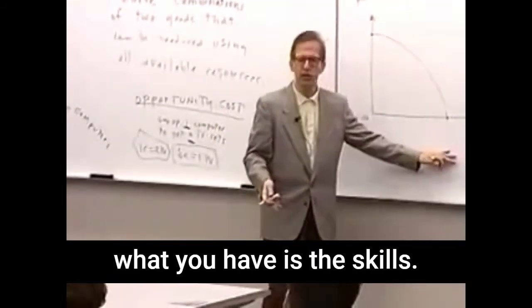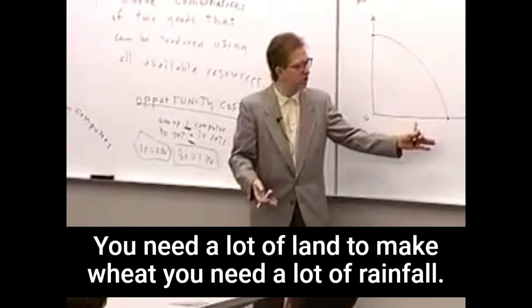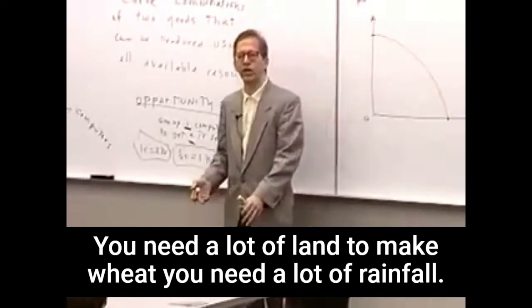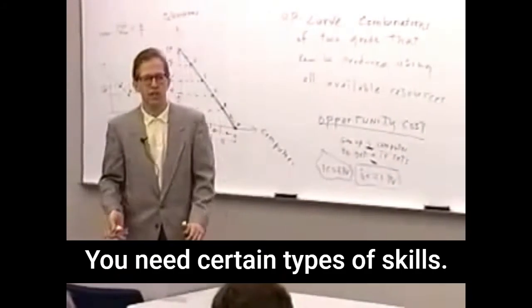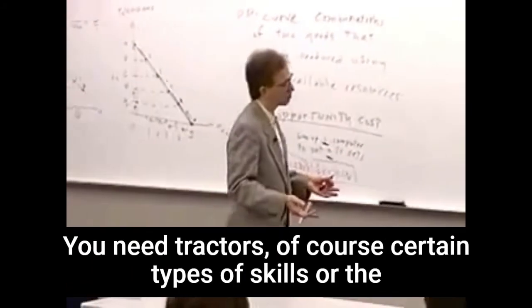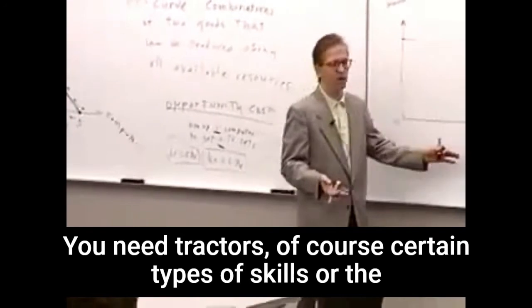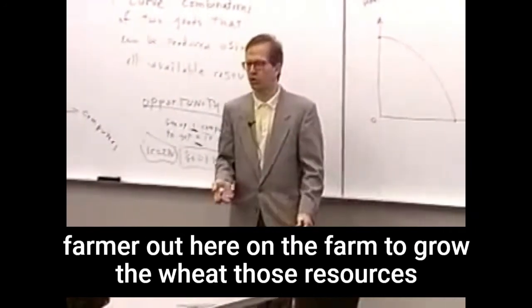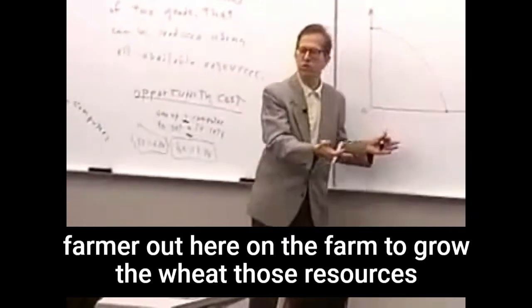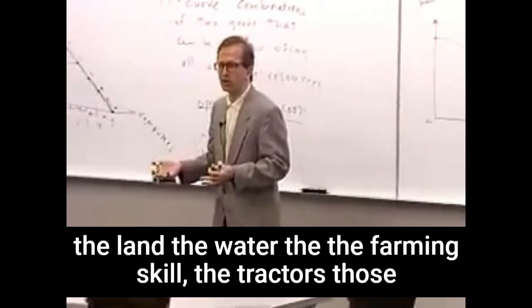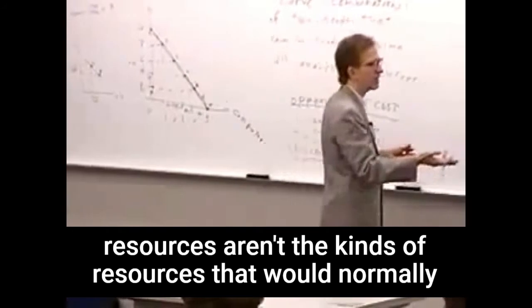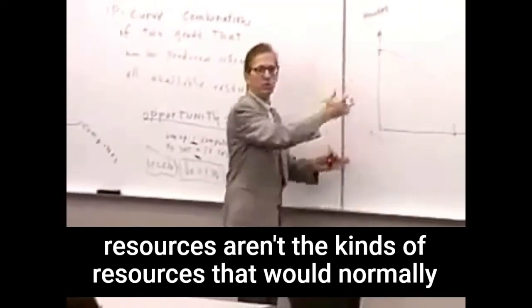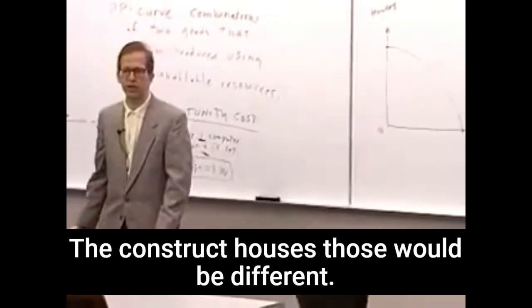But here what you have is the skills. You need a lot of land to make wheat. You need a lot of rainfall. You need certain types of skills. You need tractors, of course. Certain types of skills of the farmer out here on the farm to grow the wheat. Those resources, the land, the water, the farming skill, the tractors, aren't the kinds of resources that would normally be used to manufacture houses, to construct houses.